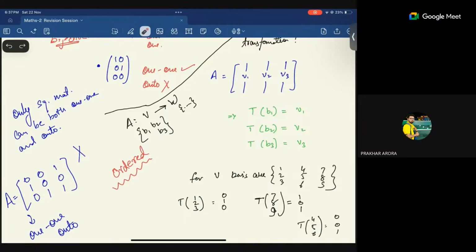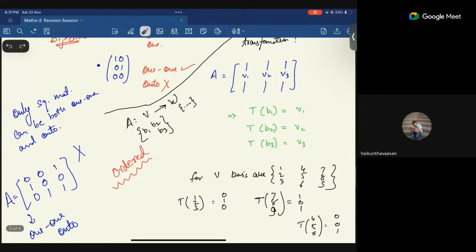Sir, before deciding on one-one and onto of the basis, can we exchange rows? You mean like this? Yes, sir. Yes, we can. Row transformation is allowed.